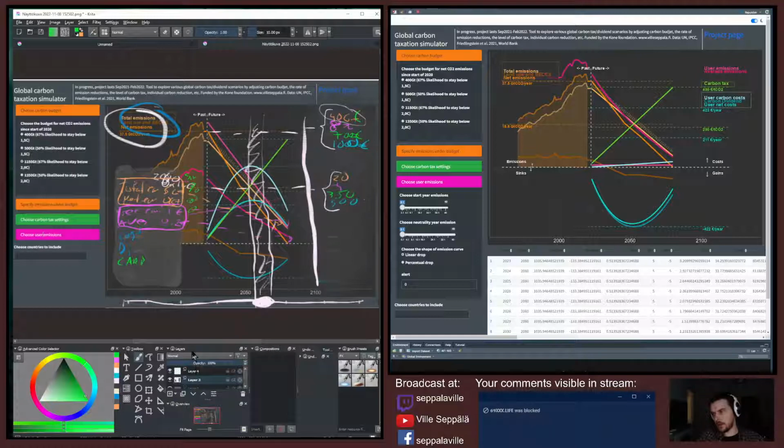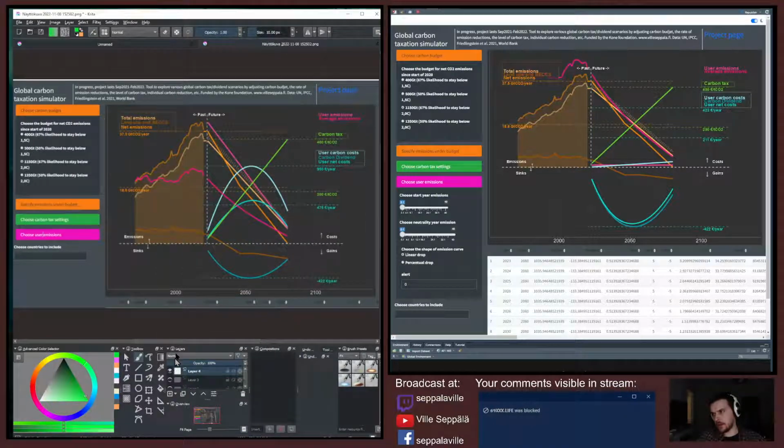And one other thing that I've been thinking about is, okay, let's keep the starting value the same, but we have here the new, or actually we cannot draw it like that.